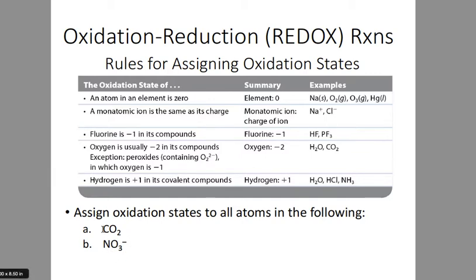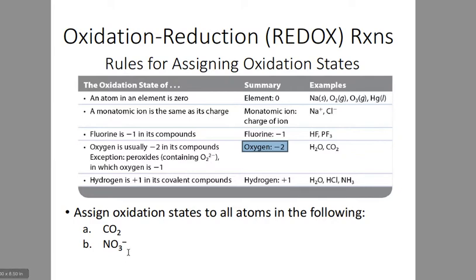So in CO2, we look at it and we say, okay, so this is electronically neutral. There's no additional charge on this, so we know that all the oxidation states have to sum up to 0. And we know that our rule for oxygen is each of these oxygens is a -2, right? Just like we see here. So -2 and -2 would be an overall -4, which means this carbon must be a +4.